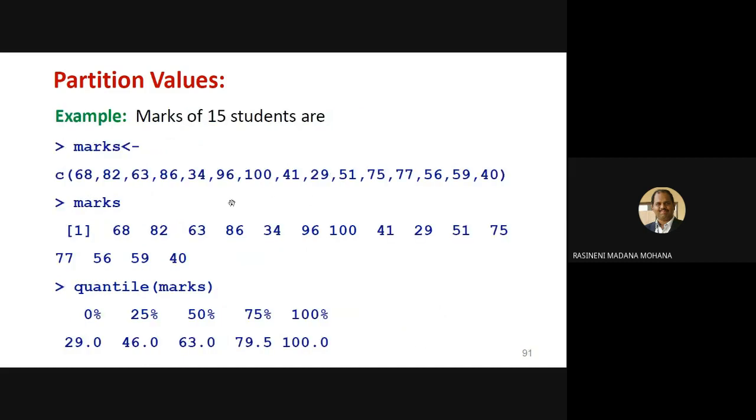For example, create a vector with the name marks with 15 students. Here I am storing all the 15 student marks in the vector marks. C of all marks are given here, the total marks in a particular subject or percentage, whatever. If you want to apply quantile, by default quantile of marks. By default the distribution is 0, 25, 50, 75, 100.